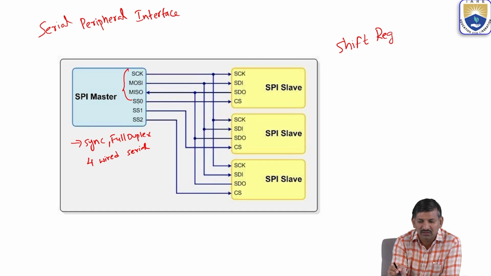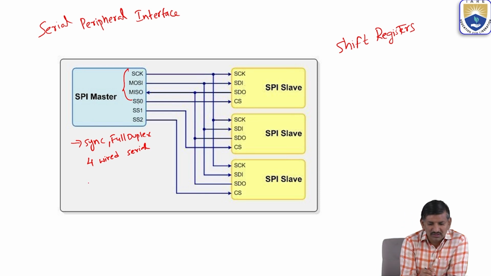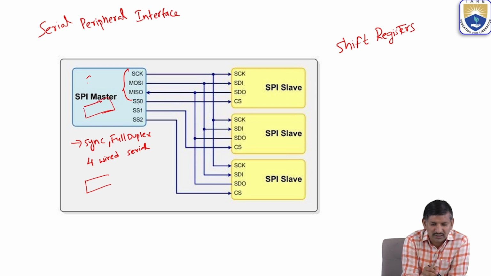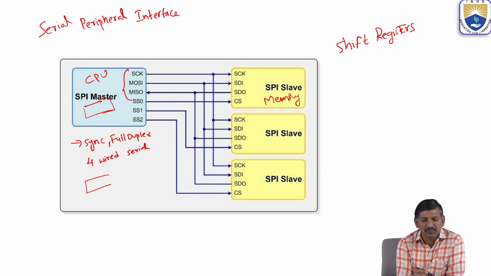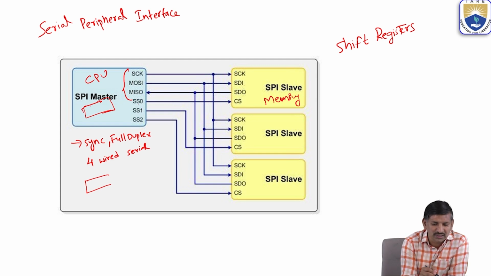Suppose the CPU wants to store the result in the memory device. At that time, the CPU sends the data to the shift register available in the CPU. Like this is the CPU, this is the memory I am considering. Whatever data it wants to store is kept in the 8-bit register.